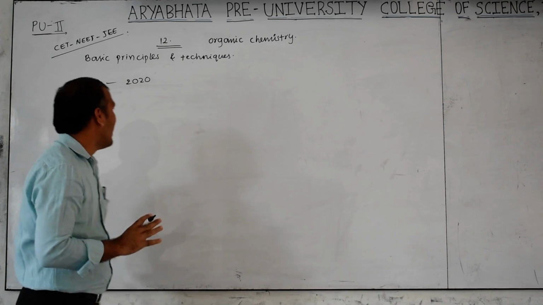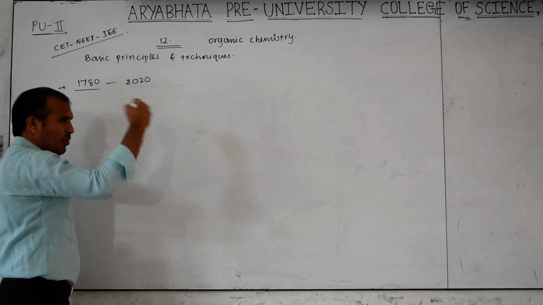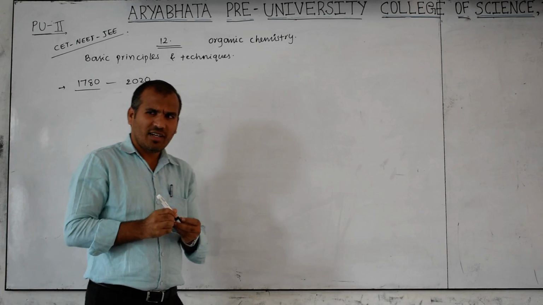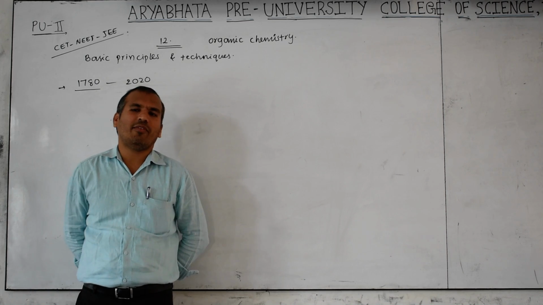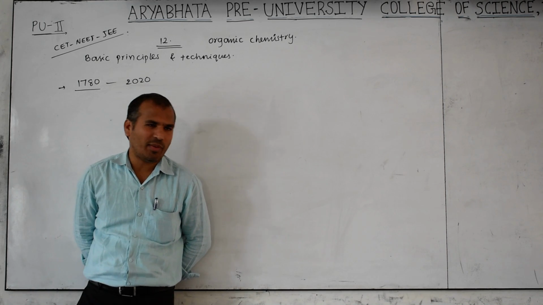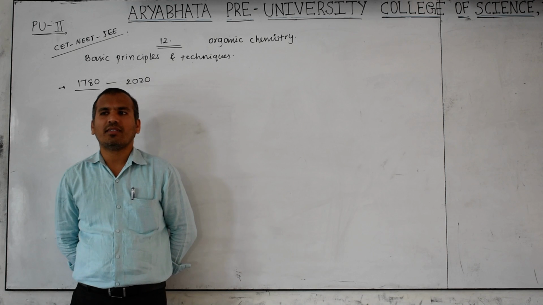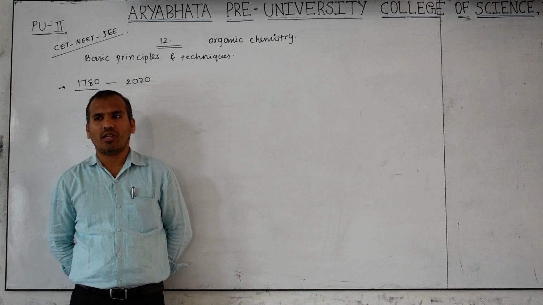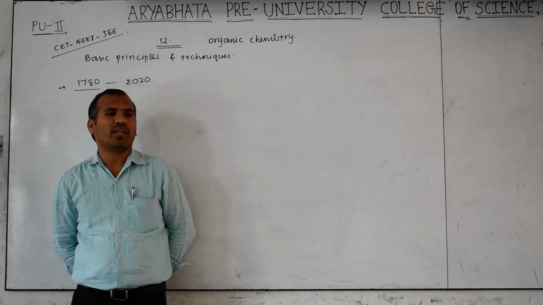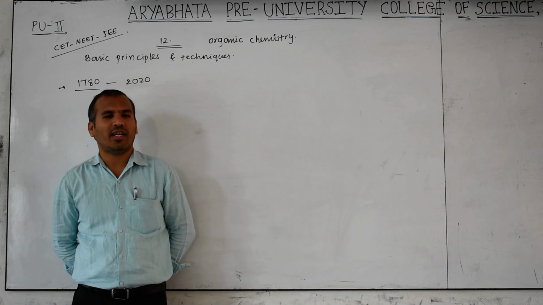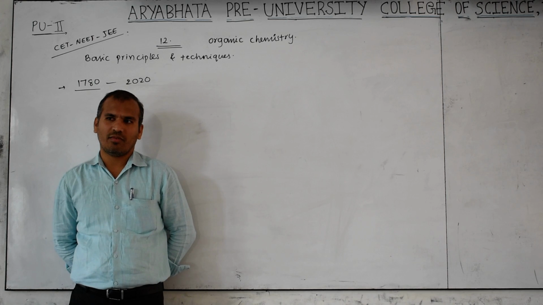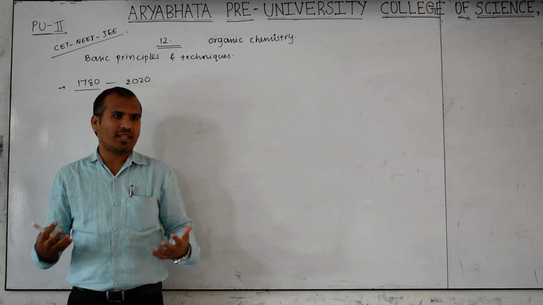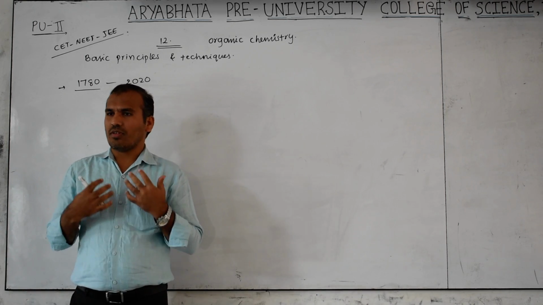No, nothing. Before that, in the development of organic chemistry, in every living system we have organic molecules, may be plant or animal. In plants or animals we have organic molecules: carbohydrates, proteins, amino acids, DNA, RNA. All these are organic molecules only, which already exist in nature.